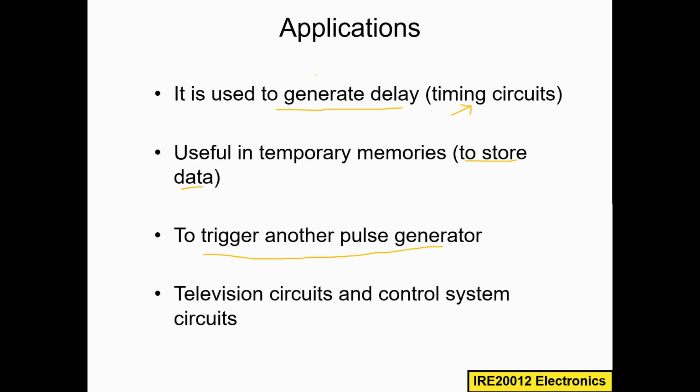We are using these monostable multivibrators in television circuits and control system circuits, so in different practical applications. Based on the application, we can decide whether we want a monostable, astable or bistable multivibrator. So these are the applications. Now we are done with monostable multivibrator.